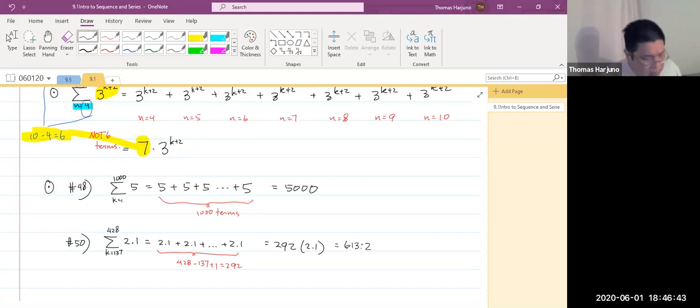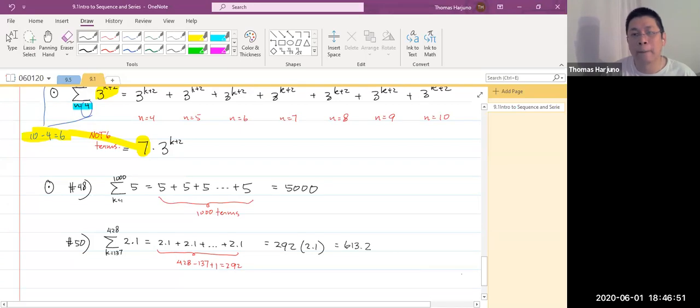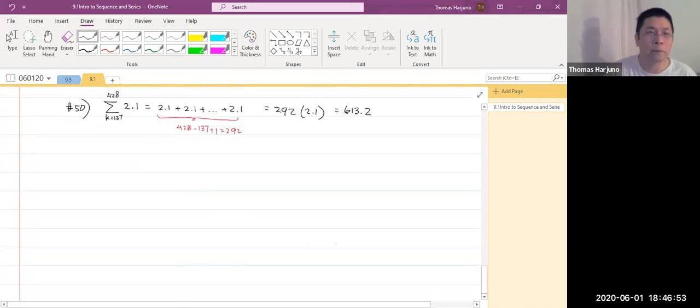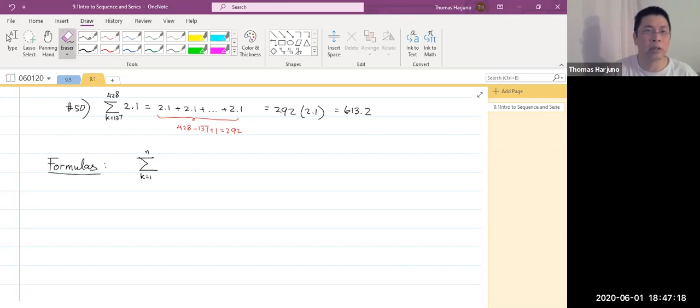Okay, now I'm basically done with the main material that I want to do today. Now let's do one formula then. Memorize one formula. Maybe I write this first. Formulas. The summation from k equals 1 to n of a constant, let me call that constant c.